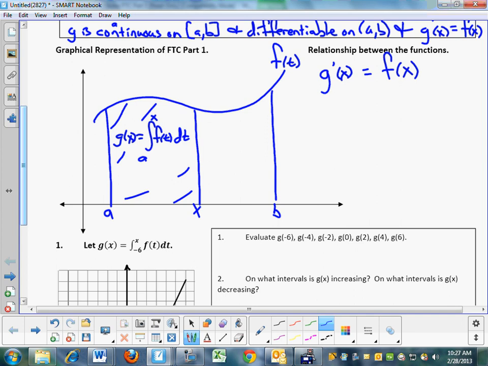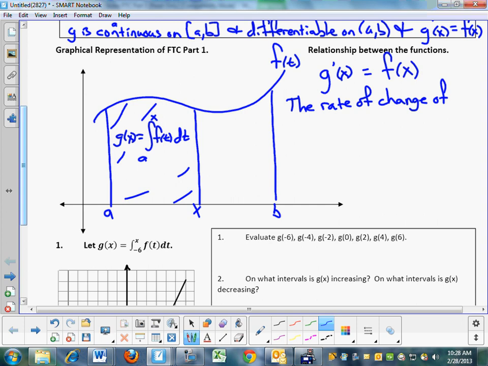Instead of t, we replace it with x because we're defining it at that spot. What that means is the rate of change. Rate of change is a phrase we use to describe what? Slope or derivative.